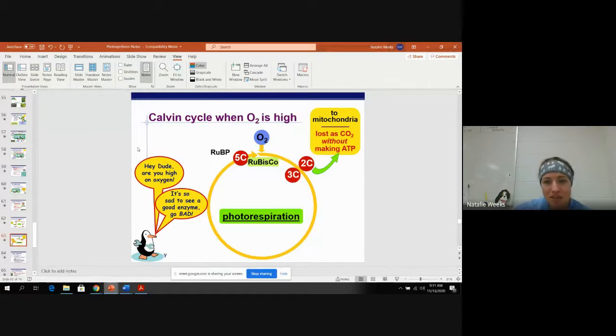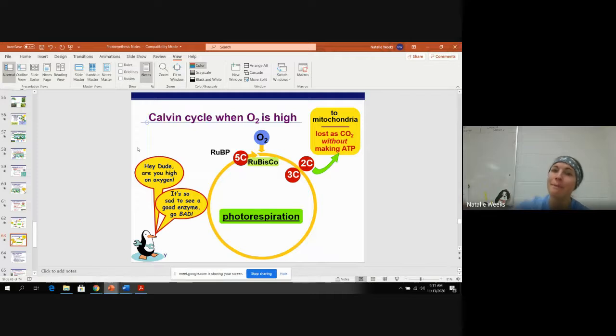However, when oxygen levels are really, really high, what happens is oxygen will sneak in and be like, oh, Rubisco, let me show you the ways of the night. And then what actually happens is we stop the cycle, and it goes to the mitochondria. So that 2-carbon intermediate that's formed from breaking down that 5-carbon into a 3 and a 2 goes off to the mitochondria and enters respiration.